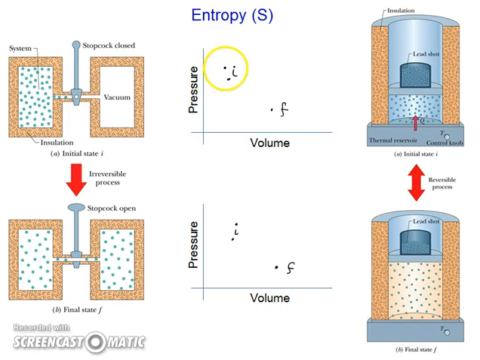At this stage we assume the entropy is a state property. That means it only depends on the initial and final state of it. Because we remove the lead shot slowly, the intermediate states of the gas are equilibrium states. So we can plot them on the PV diagram.